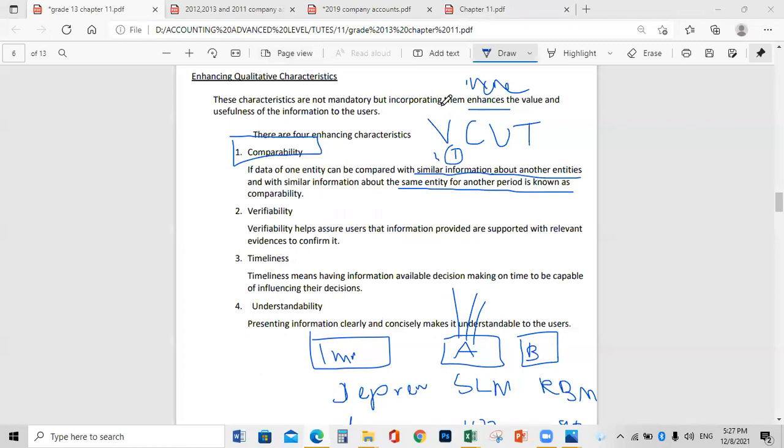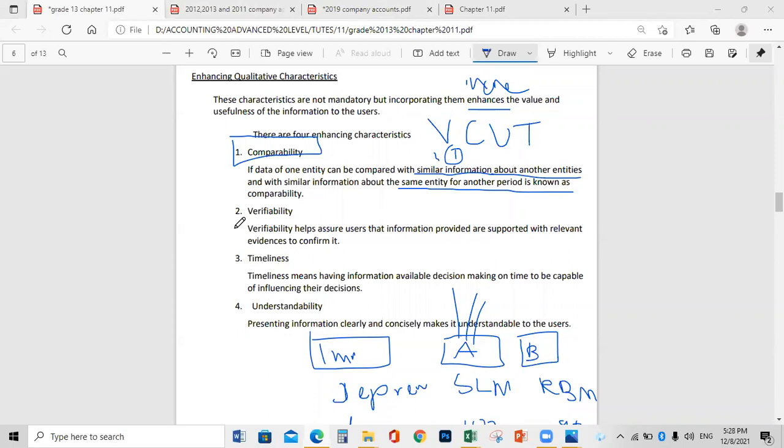Being what? Being consistent. Very good. Guys, we say that you should always be consistent. Write it down, guys. When you are consistent, you can compare. So if you are being consistent, that will lead to comparability. When the organizations are consistent, that is going to lead to what? That is going to lead to comparability. So you should always be consistent when you're giving information.